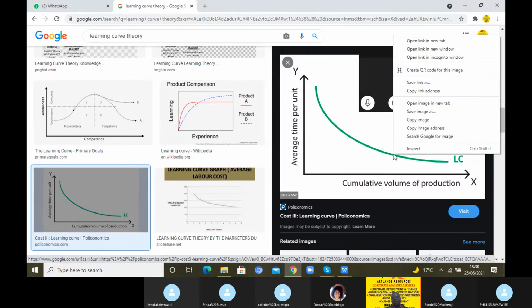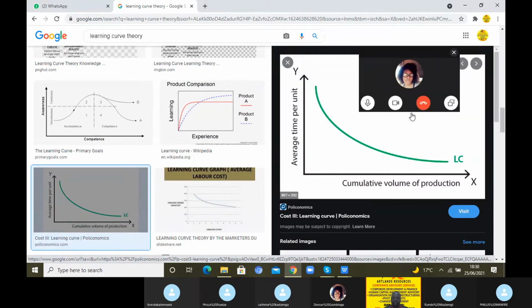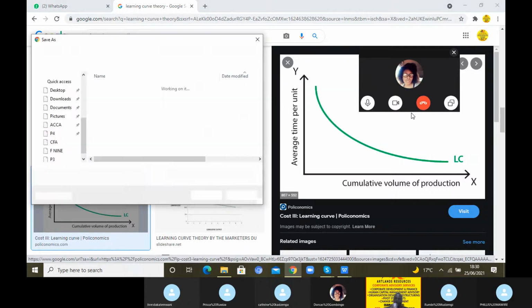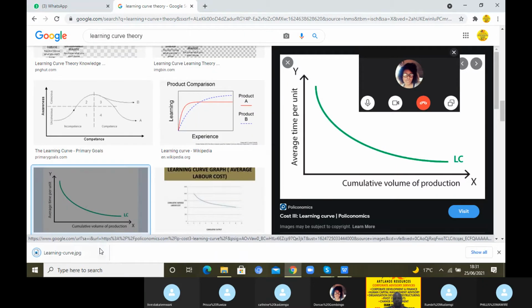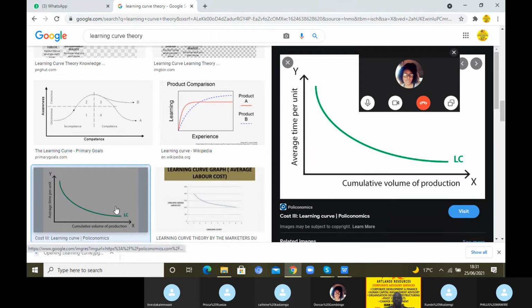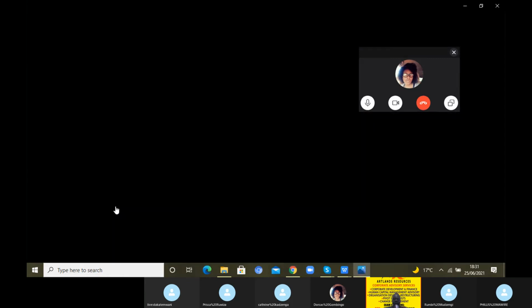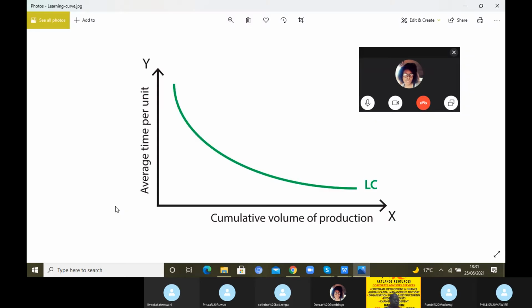This diagram is ideal because it really mirrors what I was just saying. Learning curve theory. Allow me to open it. It just takes a few seconds. Right, so there you go.